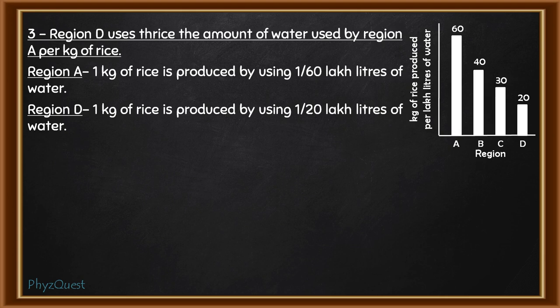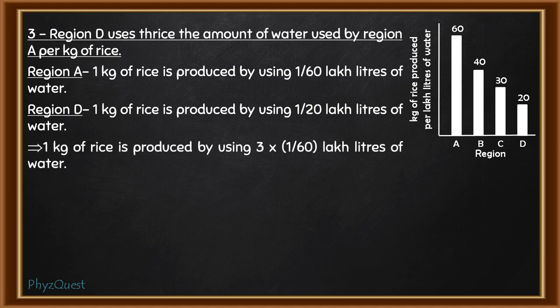So as you can see here, we have found out that to produce 1 kg of rice, region A will need 1 by 60 lakh liter of water, whereas region D will need 1 by 20 lakh liter of water. Now this statement you can write as: 1 kg of rice is produced by using 3 into 1 by 60 lakh liter of water.